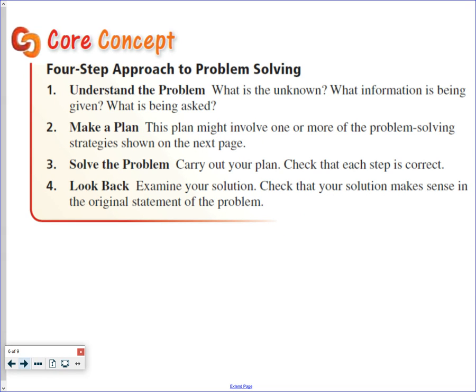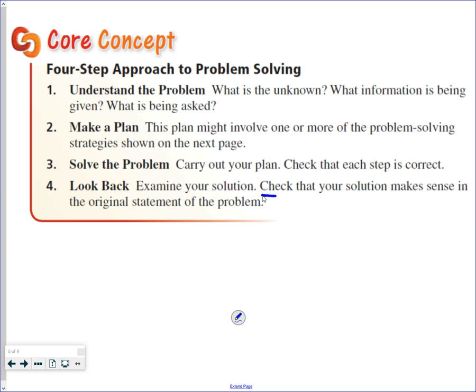So again, this is kind of what you should think, a four-step plan. Do you understand what the problem is asking before you answer it? Did you read the directions? Do you have an idea of how to solve it? Did you make a plan? Did you actually solve the problem and answer what it's asking? And then did you go back, look back, and maybe check your answers?